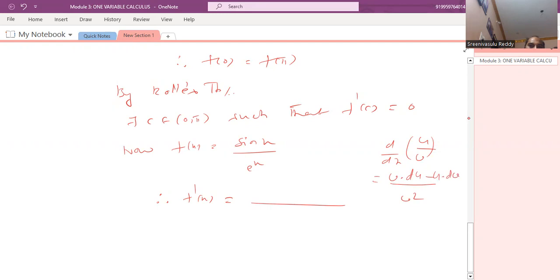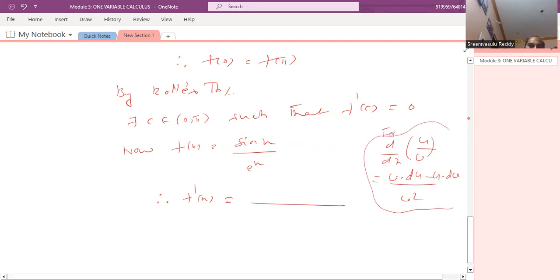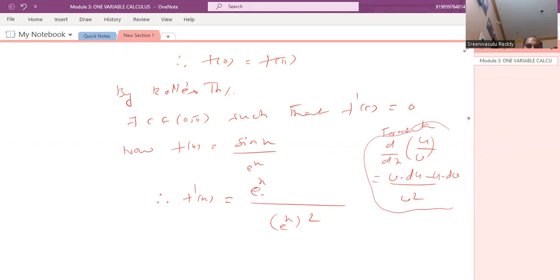Using this formula, the resultant value is e power x into derivative of numerator, sin x derivative becomes cos x, minus numerator into derivative of denominator, which becomes e power x, all over e power x whole square.